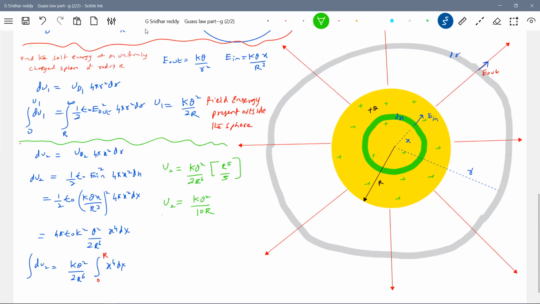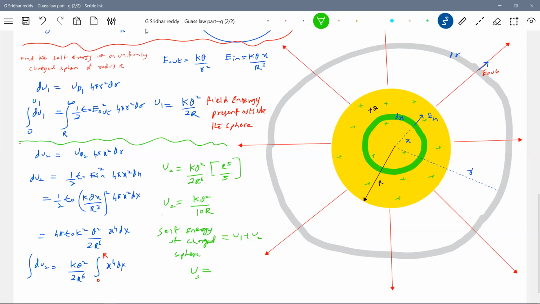Total self energy, or the self energy of a uniformly charged sphere, is equal to U1 plus U2.